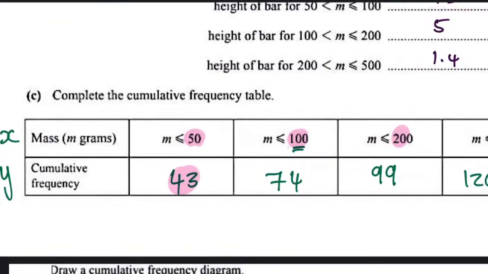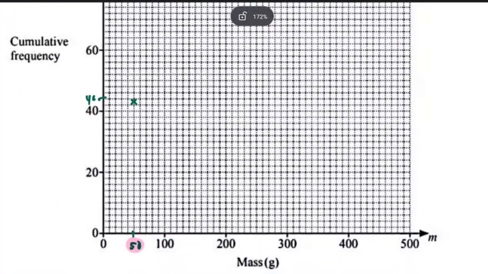74 is the y. What are we putting on the x? 100. Then on the y, 74. So on the x, we are now going hundreds. Then we look for 74 now. So this is 60, this is 62, 64, 66, 68, 70, 72, 74. There we go.